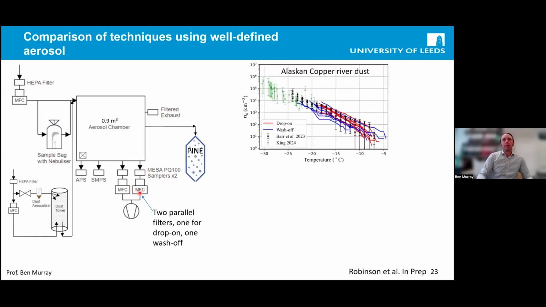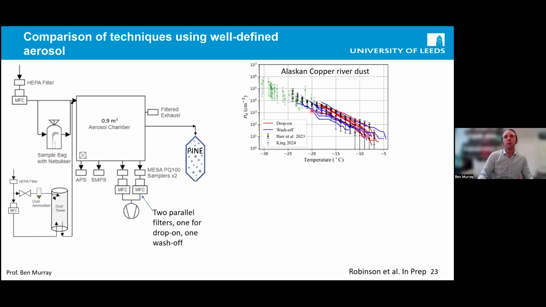So for something like mineral dust, this is an Alaskan Copper River dust that we happen to have, which is a mineral dust mixed with a bit of biogenic material, the agreement between the wash-off in blue and the drop-on in red is pretty good. It's not identical when you look into details, but we're reasonably happy with that, given the uncertainties.